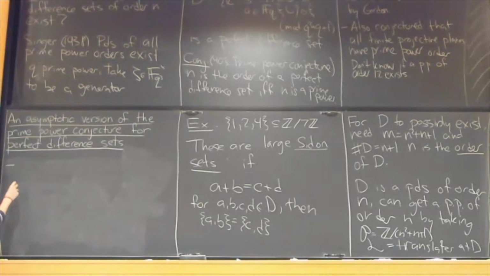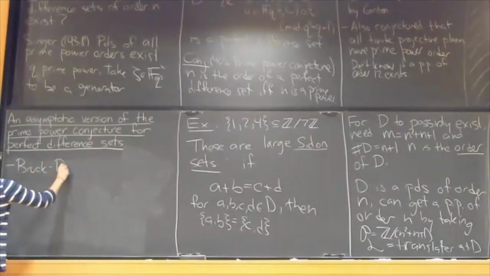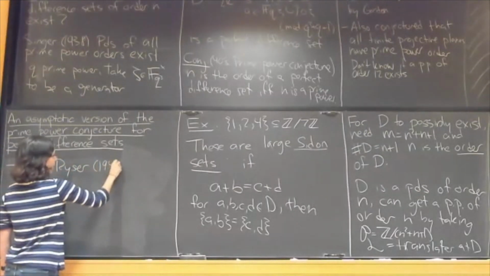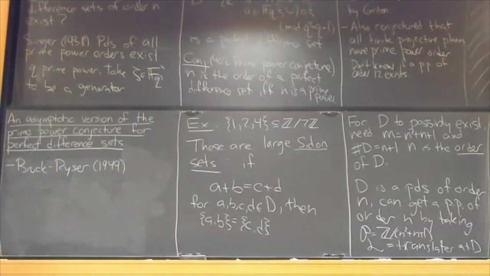So the first is due to Bruck and Ryser from, I think, 1949. And this is actually about more general projective planes. And I think it's actually the only general non-existence result for projective planes.